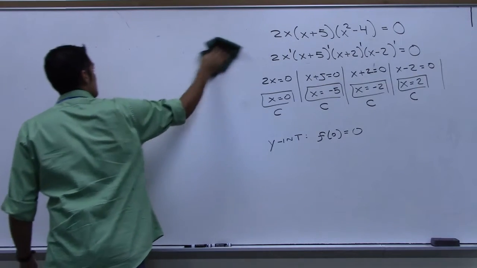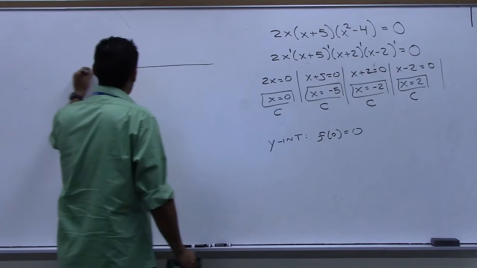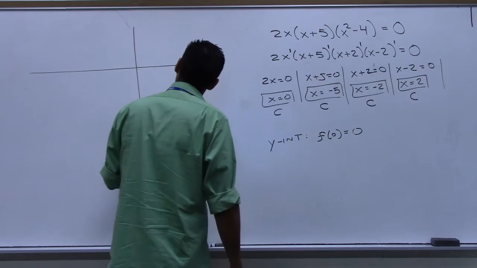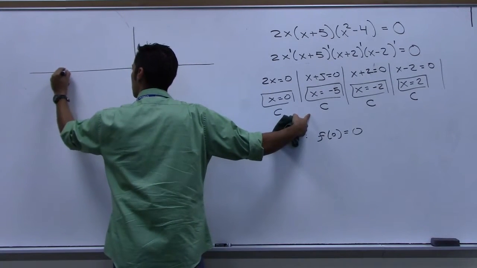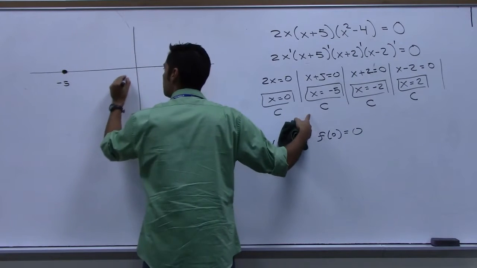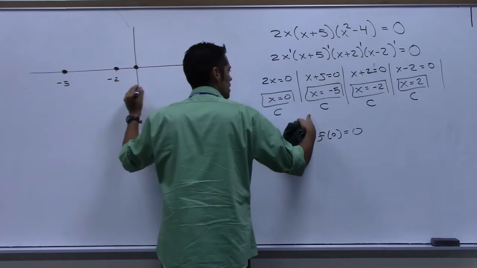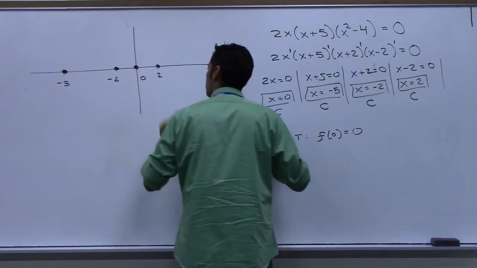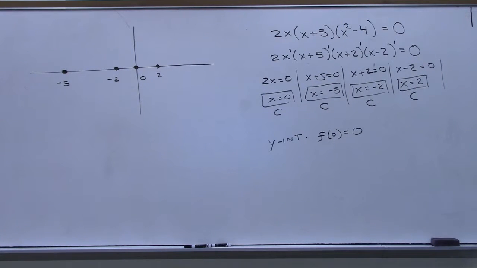All right. Time to draw it. So I have an x-intercept at negative 5 over here, x-intercept at negative 2 right here, at 0, and at 2. Both sides of this went up, right?